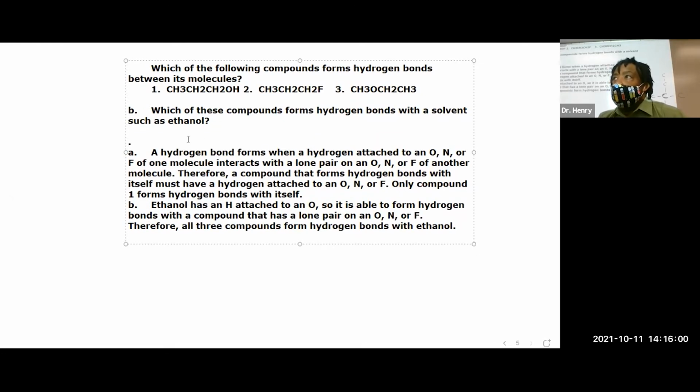Okay, so this is playing off of something that you guys have done in class. It says, which of the following compounds form hydrogen bonds between its molecules? The first one, does it? Yes. The second one, does it?